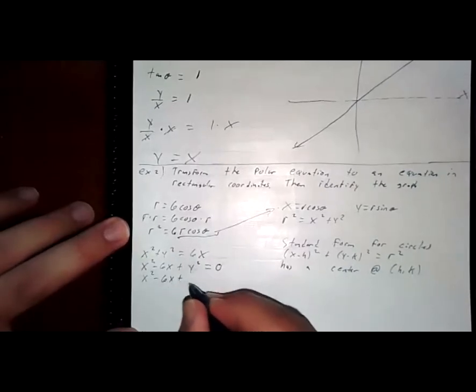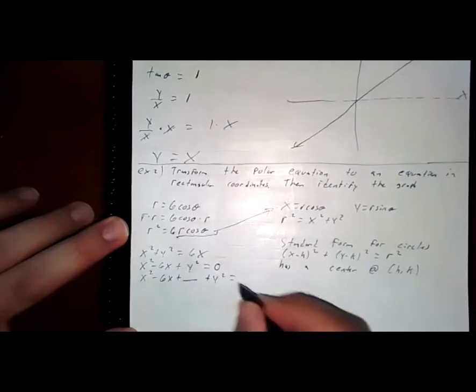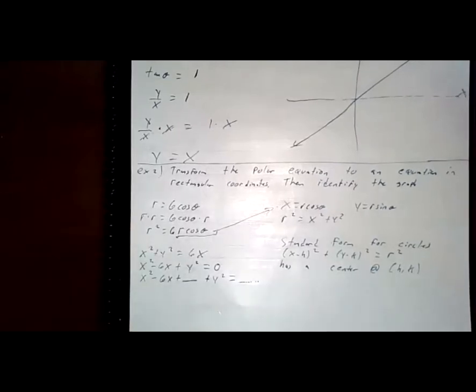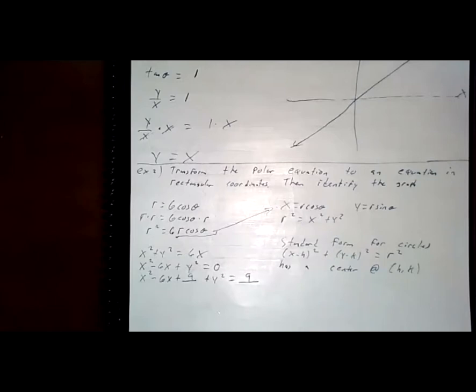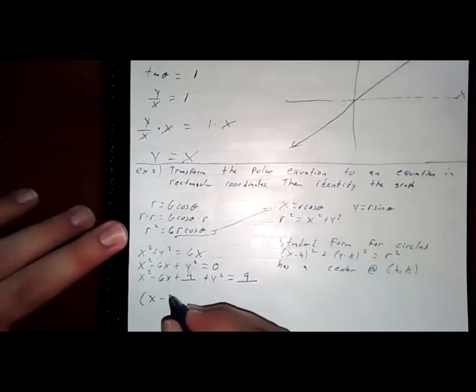I need to find that special number and then add it to both sides. That number is always half of b, squared. So half of 6 is 3, and then you square it. So that would be adding 9 to both sides. Now this will factor perfectly like this.